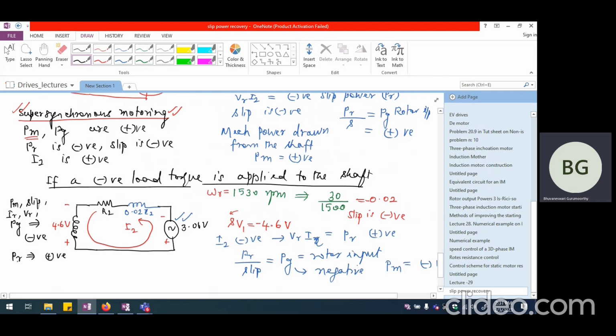So what happens under this condition is we are going to have power generated by both stator side and rotor side circuits.